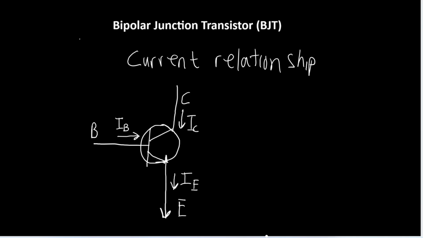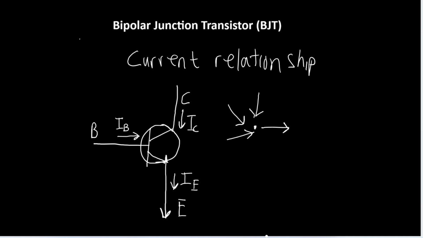Now, from the diagram, Kirchhoff's current law says whatever amount of current is entering a node will be equal to the amount of current leaving the node.